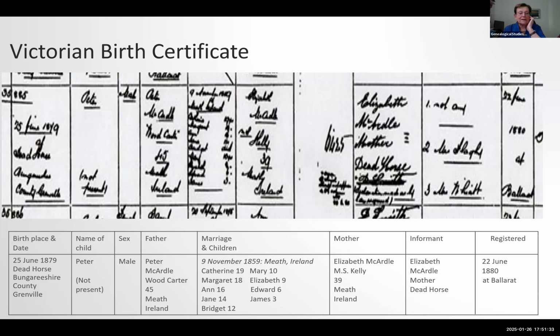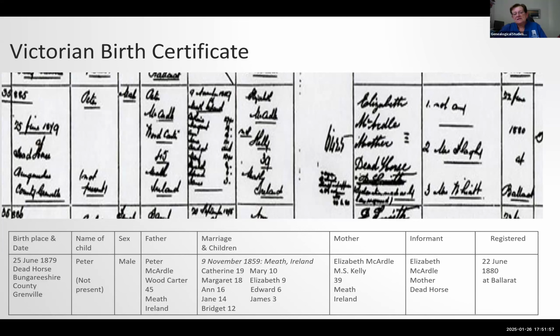No doctor was present at the birth, but there was a nurse and also a witness. And we've got the date of birth. We've got the date of registration, 22nd of June, 1880. Look at when the child was born, the 25th of June, 1879.